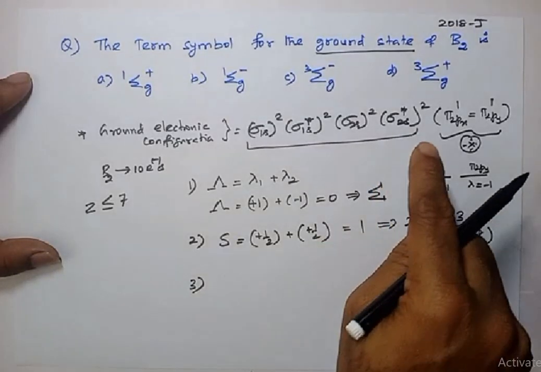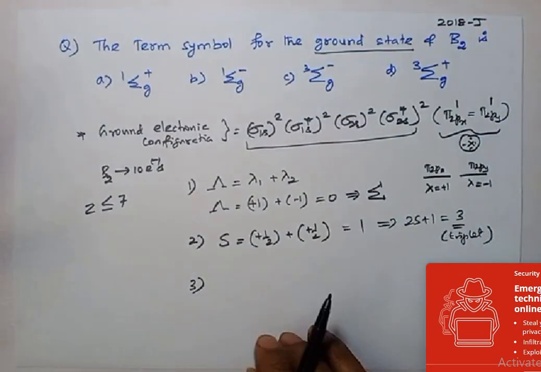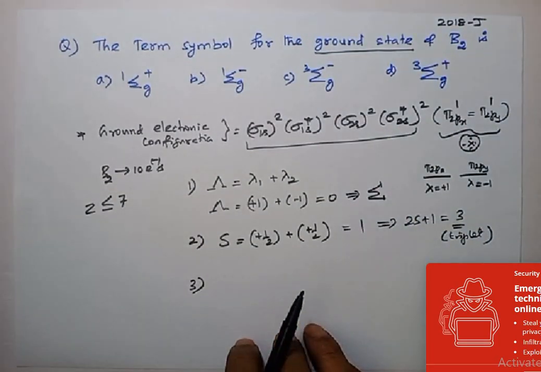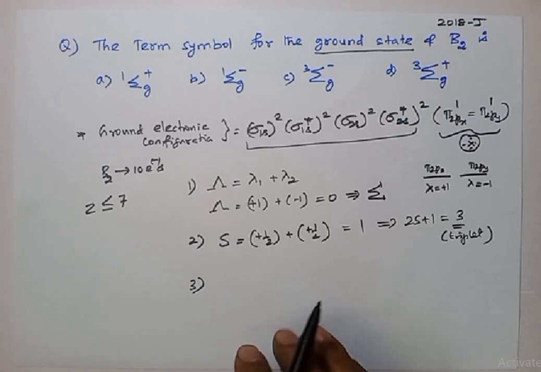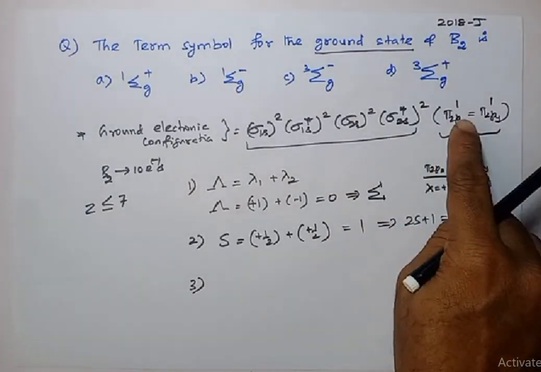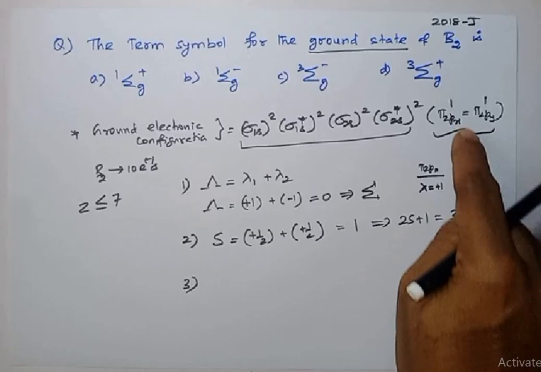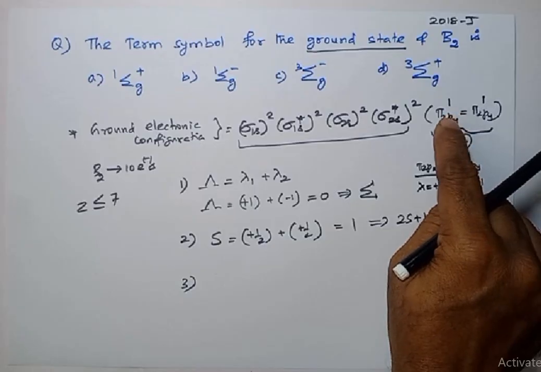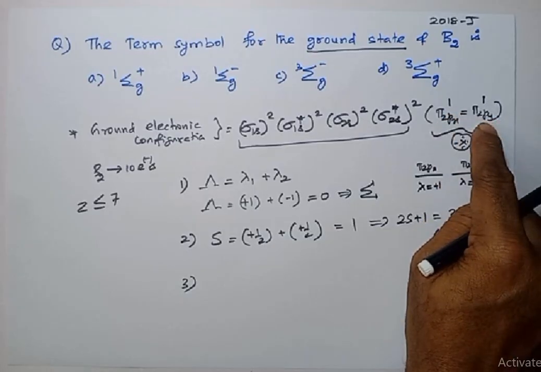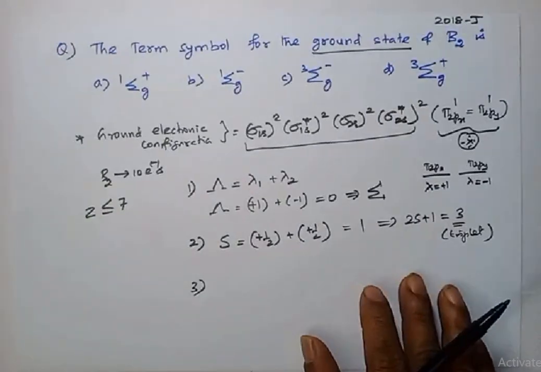Listen, we should find out the gerade or ungerade symmetry with respect to inversion. The 2 orbitals are degenerate, and you know very well pi 2px is present in one plane, pi 2py is present perpendicular to this plane.